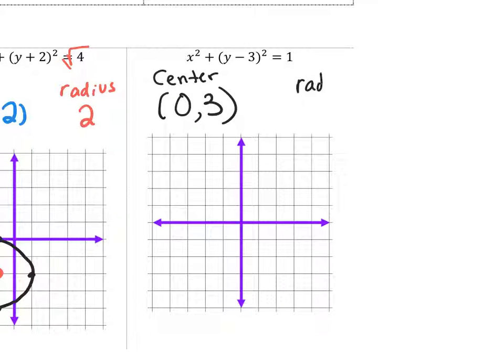What is the square root of 1? 1. Just 1. So how do I plot the center again? How do I go 0, 3? You start at the middle and go 3. Good. And then how do I plot a radius of 1? You go over 1 in all directions, right, guys?